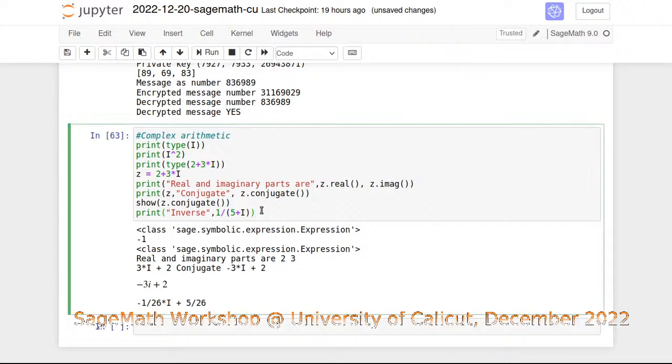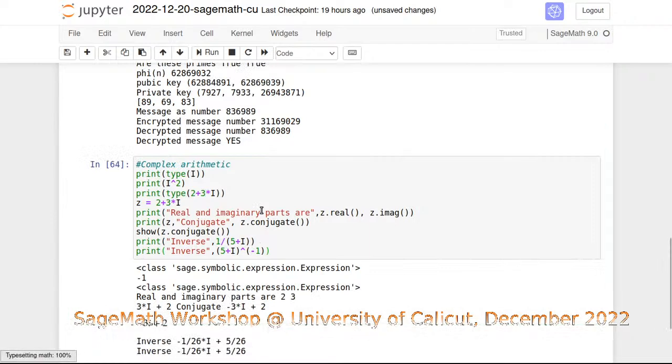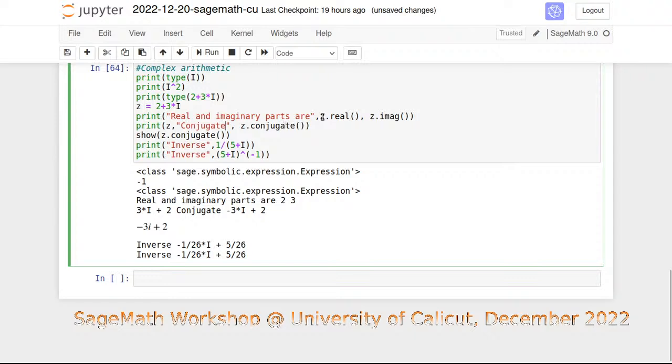And we can take, in the usual way, minus also, instead of using this symbol, like this. This is also fine.